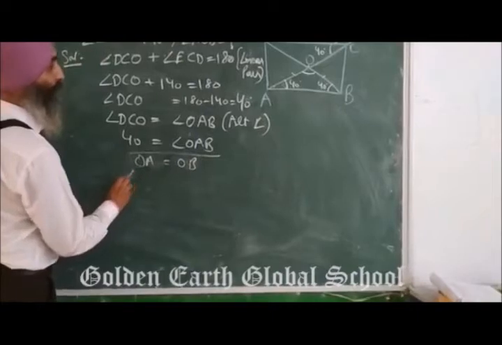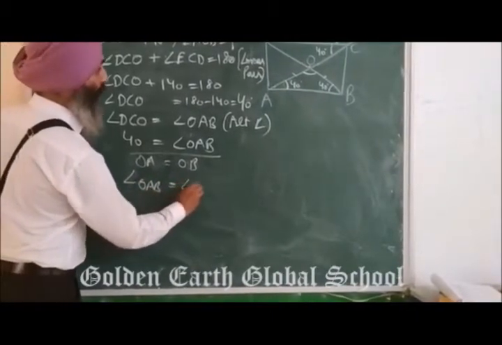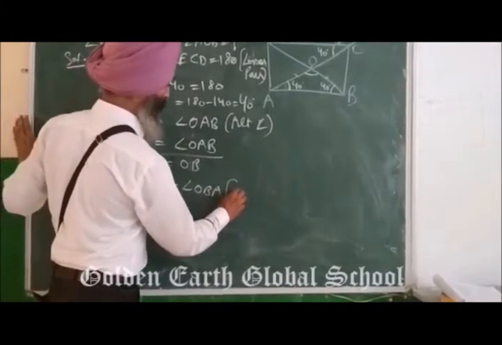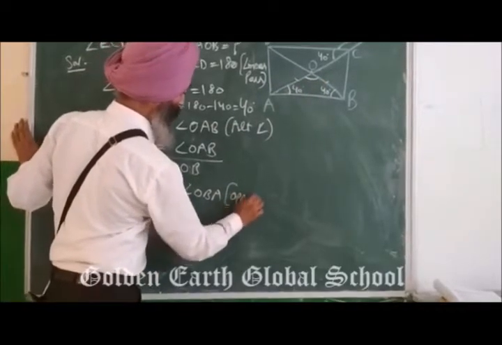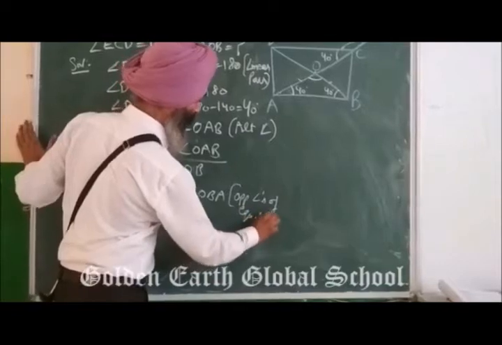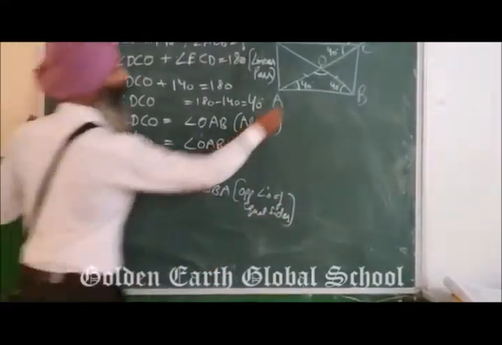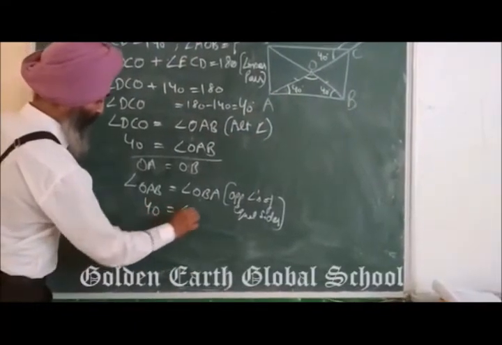So we can say that angle OAB is equal to angle OBA, because these are opposite angles of equal sides. So angle OBA is also 40 degrees.